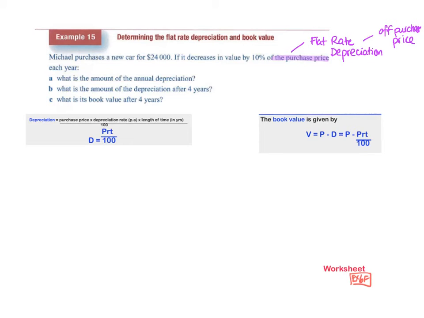Okay, so if it decreases by 10%, that's the R. And here we've got the principal, what it originally began with. Part A says, what is the amount of annual depreciation. I'm following this formula: 24,000 times the rate, which is 10. They want just the annual, so that means 1 year, so the time is 1 year over 100.